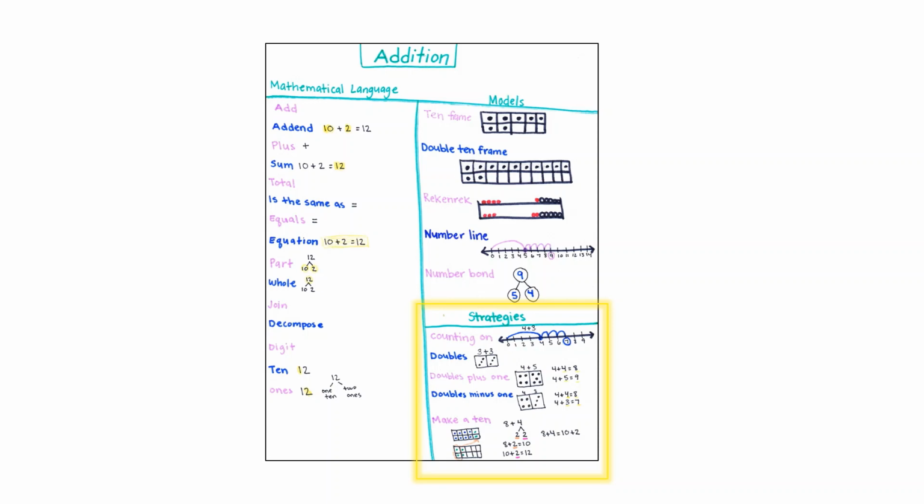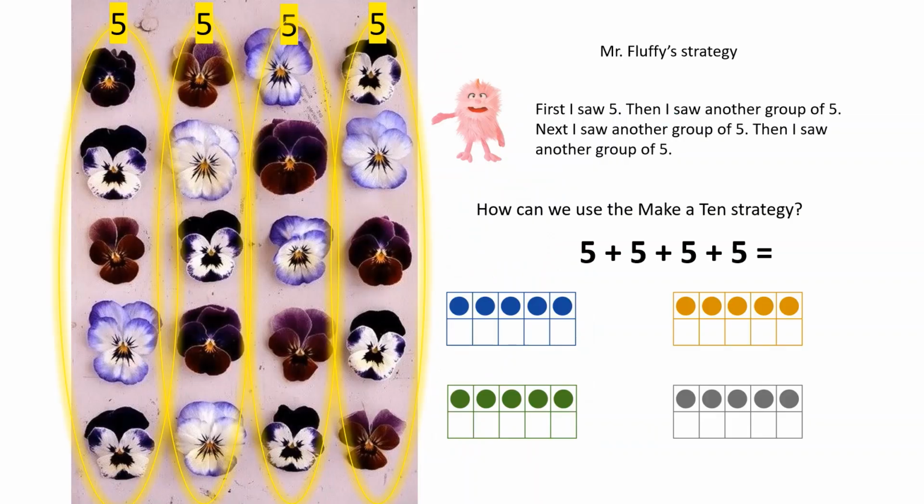Which one would you choose? I'm curious to see how we can use a make a 10 strategy to help Mr. Fluffy solve his equation. So how can we use the make a 10 strategy?